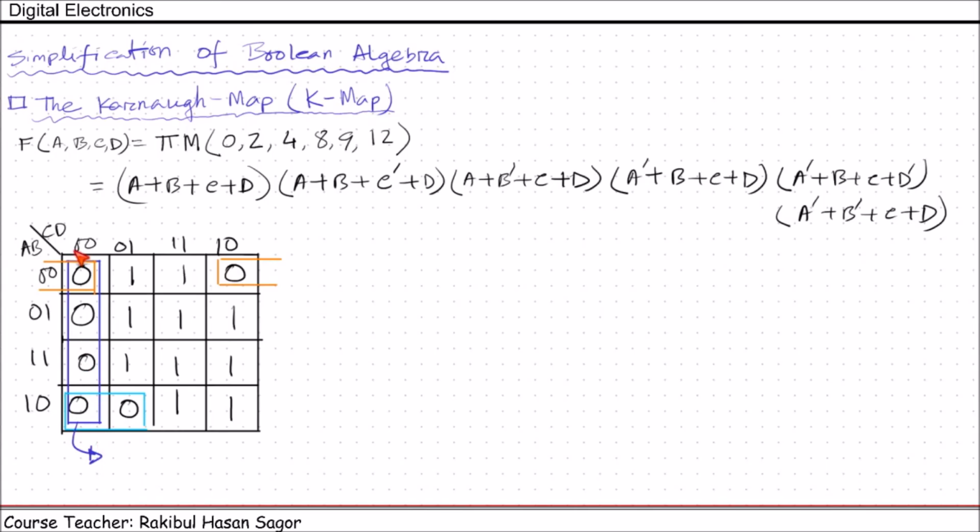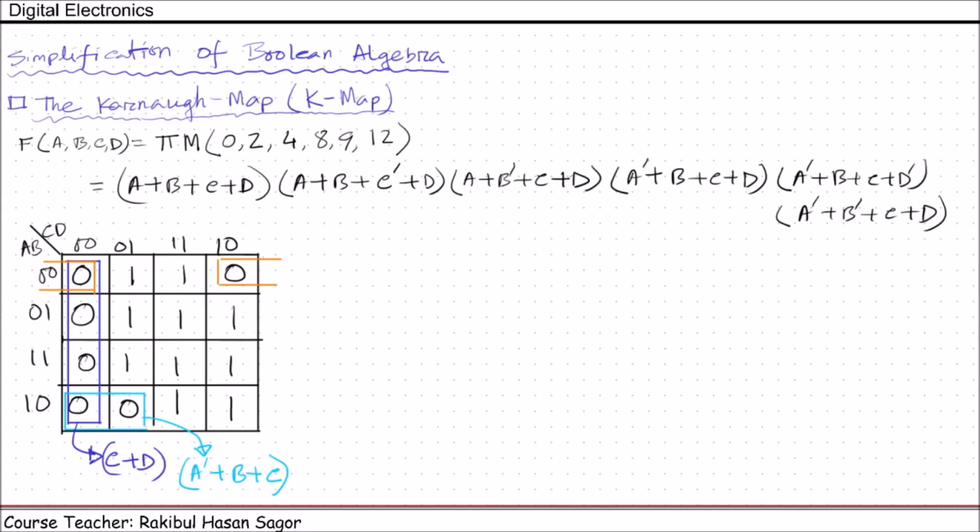We have C equals to 0, D equals to 0, so we'll write C plus D. Next, the name of this box: A equals to 1, B equals to 0, so we'll write A prime plus B. C equals to 0, C equals to 0, so we'll write plus C. D equals to 0, D equals to 1, so we will ignore D. So this is the name of this sky blue box.